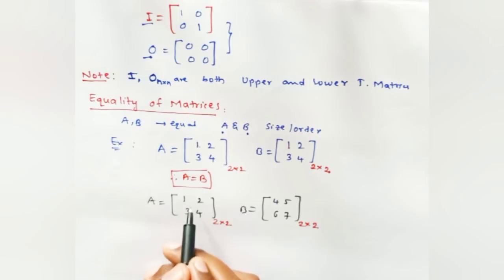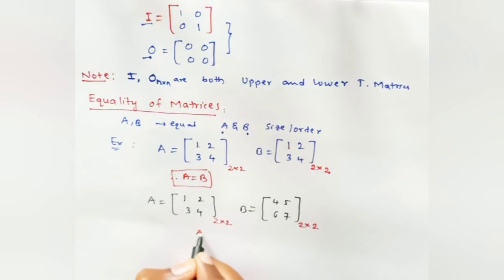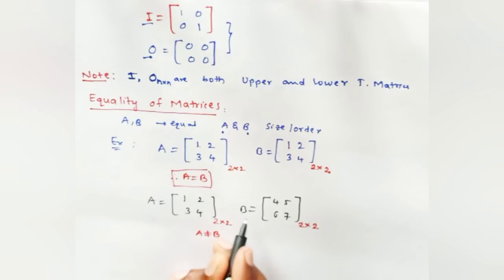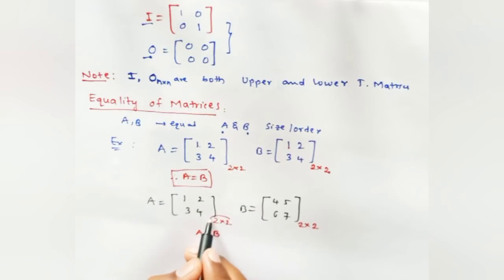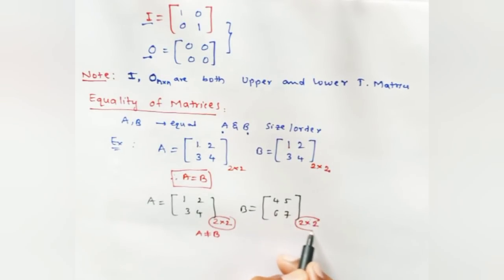The corresponding elements of A and B are both different. So here A is not equal to B. In this case, we say that these two matrices are equivalent matrices, but not equal. Equivalent means only the sizes should be equal.